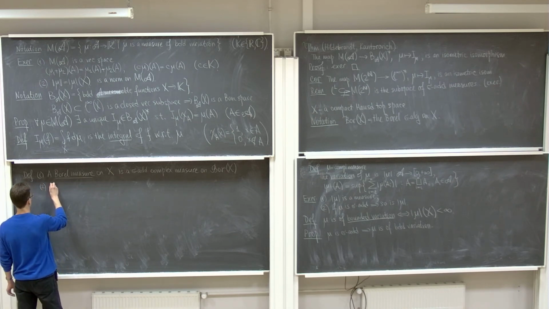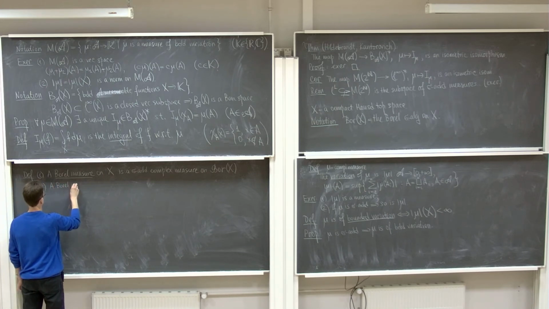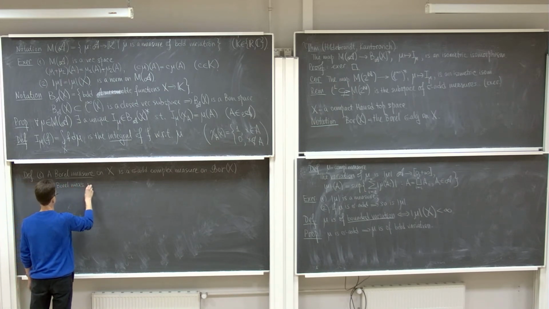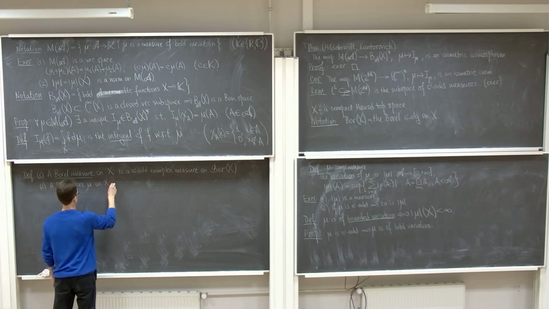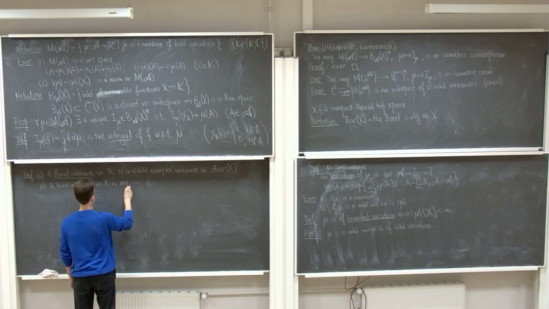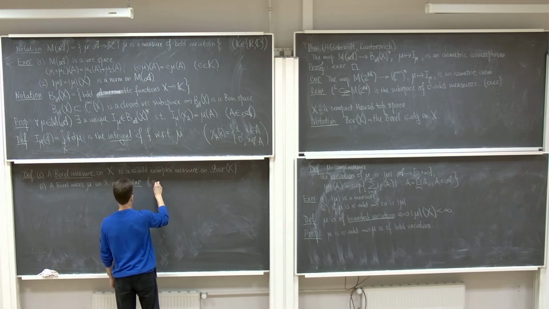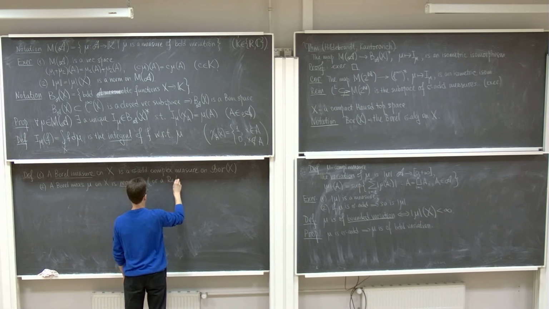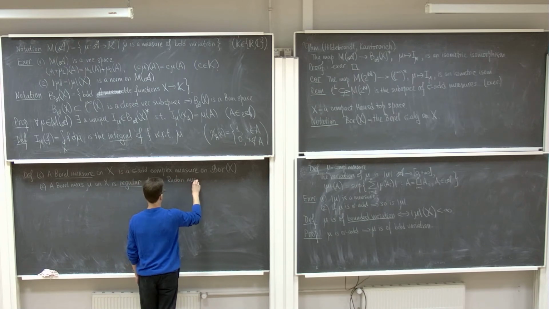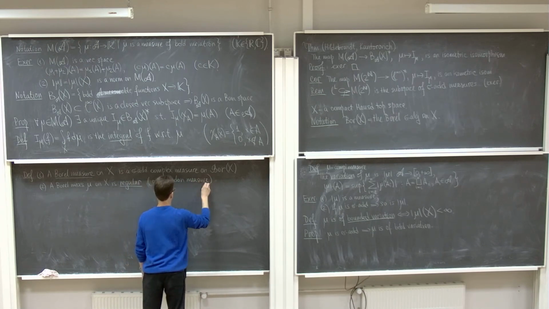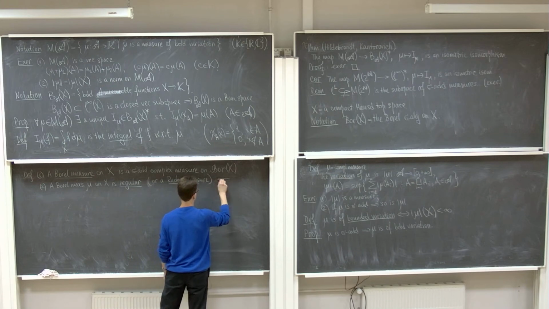So we say that a Borel measure mu on X is regular, or is a Radon measure, if it satisfies the following condition.